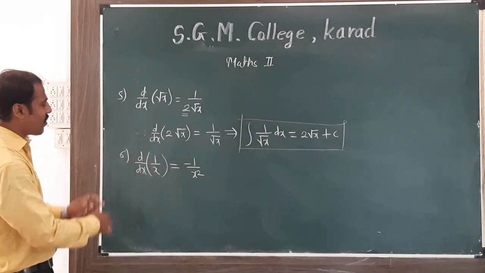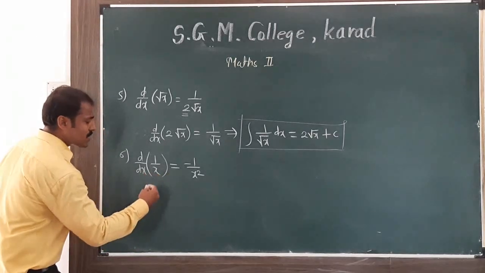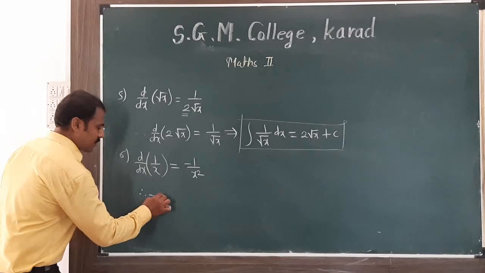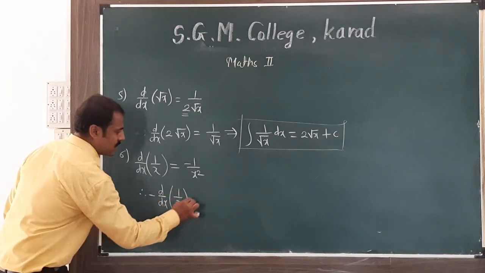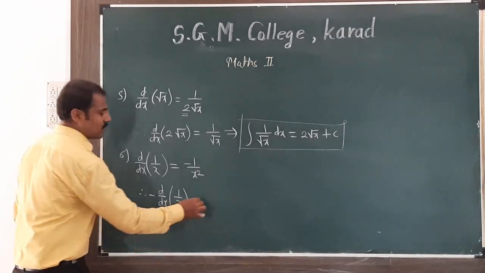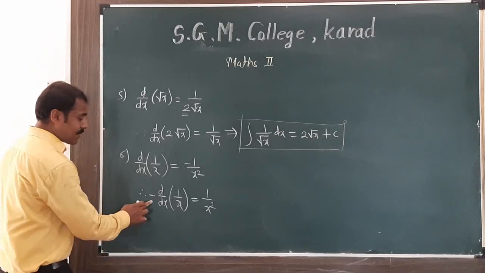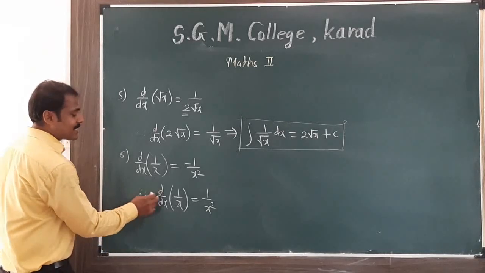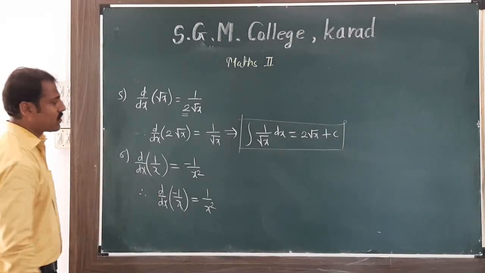Okay, multiply both sides by minus 1, we get minus d dx of, yes, 1 upon x is equal to, minus minus becomes plus, 1 upon x square. Here the minus sign is outside the derivative, take it inside the derivative. d dx of minus 1 upon x is equal to 1 upon x square.